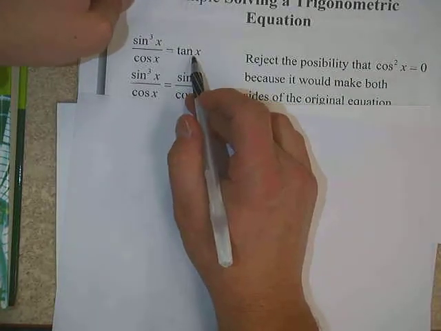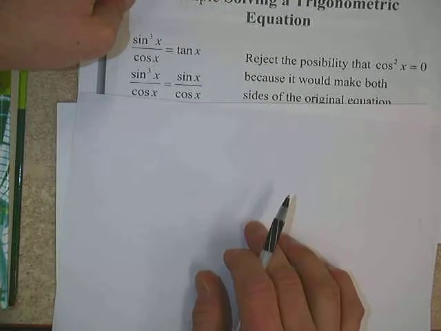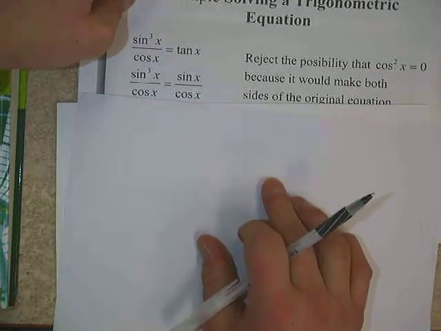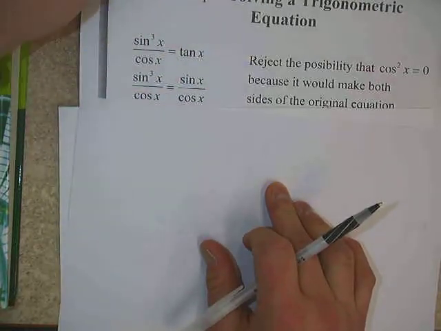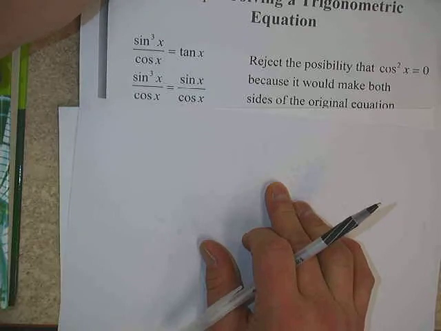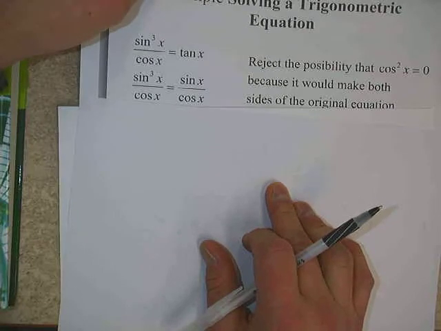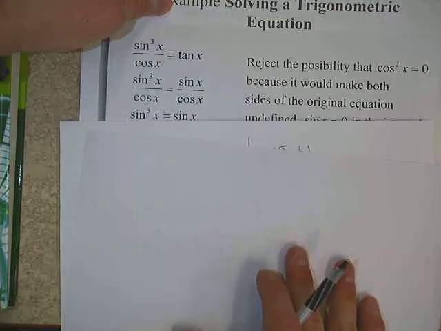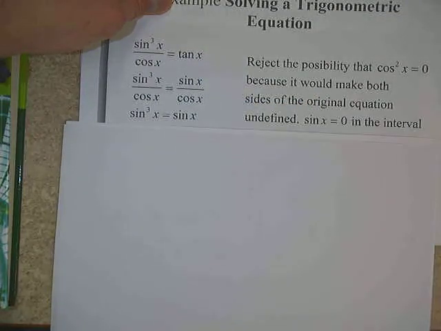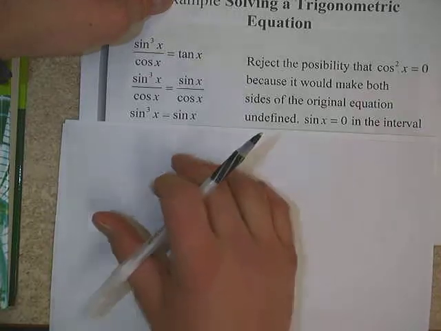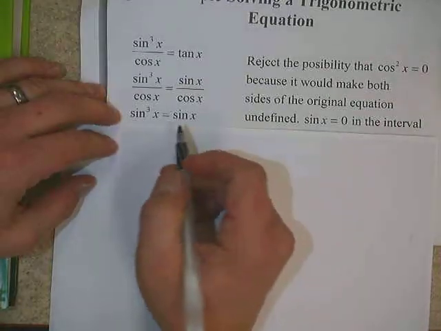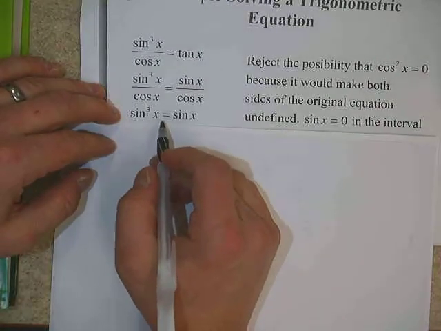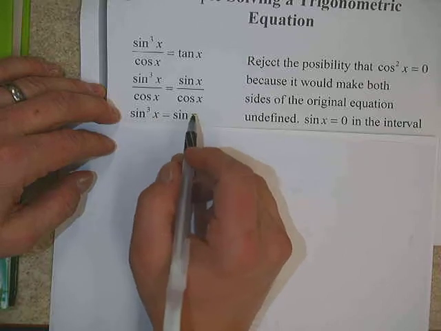The first step here is to change the tangent into sine over cosine. That's good. Keep in mind that there's almost always more than one way to solve a problem here, but they chose to go ahead and change it to sine over cosine.